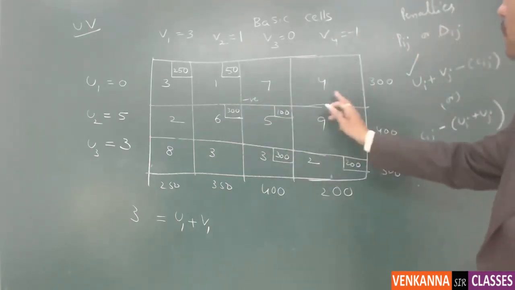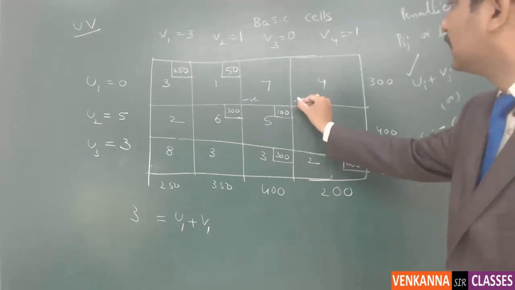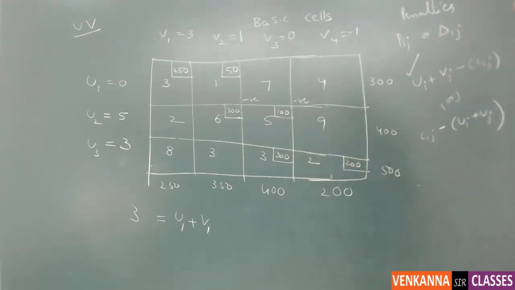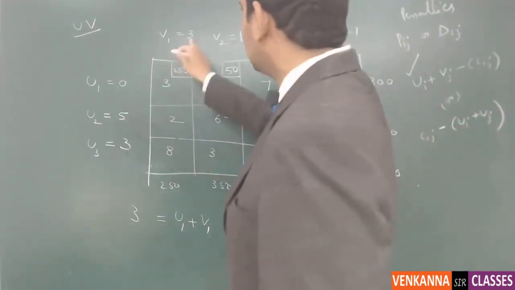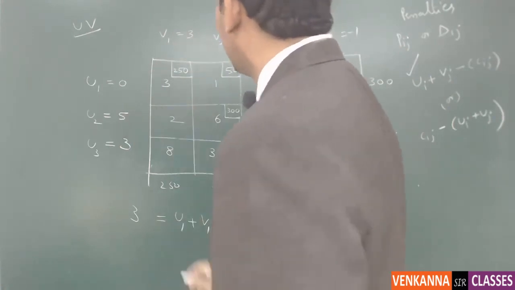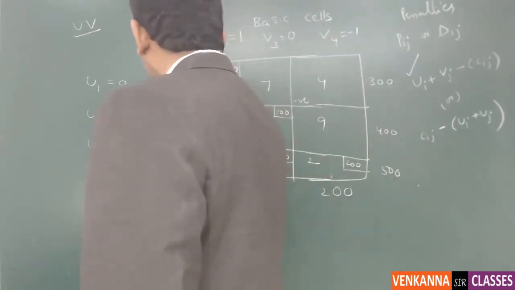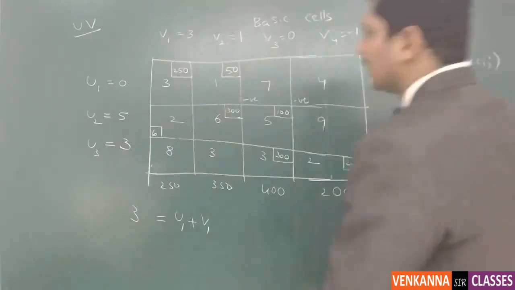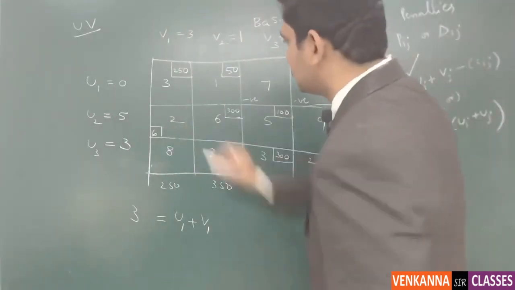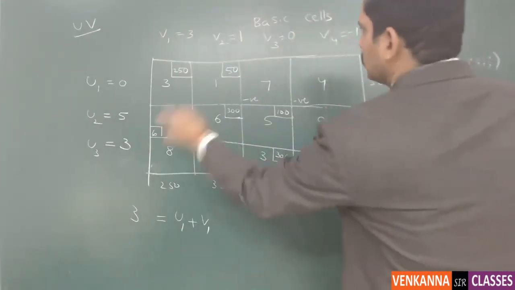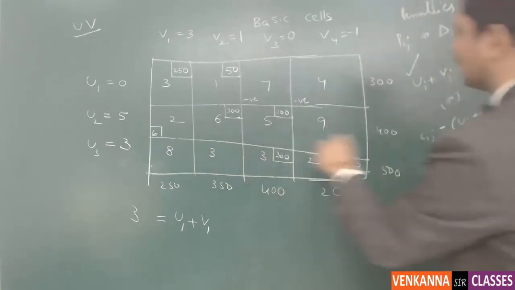Again you have minus 1, minus 4, this is negative. Again, if you calculate 5 plus 3, 8, 8 minus 2, 6 you have here. Again 5 plus 1, 6 minus 6, this is 0, there is no need to allocate. This is 0, there is no need to allocate.